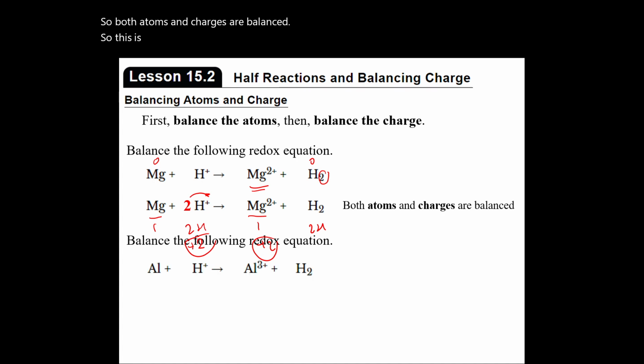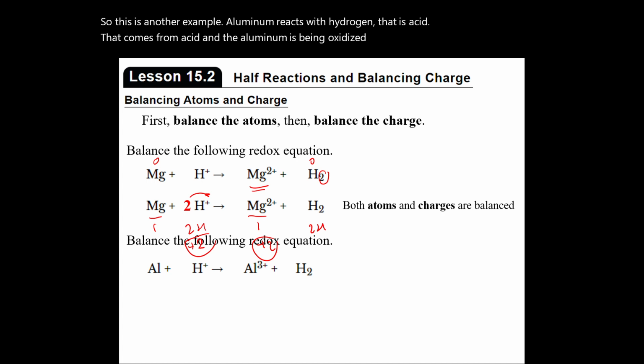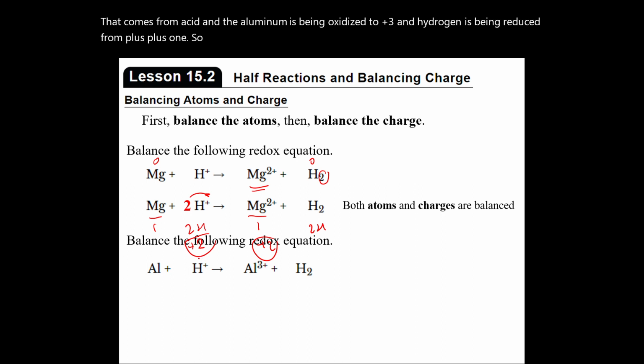This is another example. Aluminum reacts with hydrogen ion that comes from acid, and the aluminum is being oxidized to plus 3, and hydrogen is being reduced from plus 1 to 0. So aluminum has been oxidized.